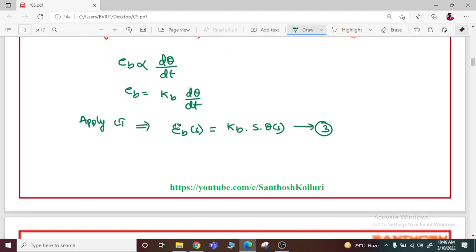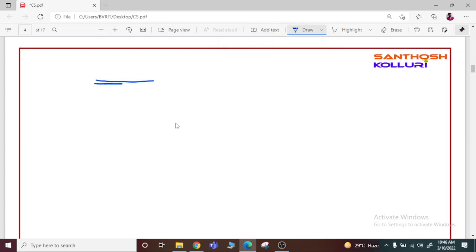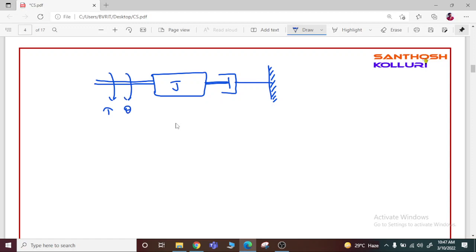From the mechanical model, we are having the dashpot and moment of inertia in the motor, having the torque T and angular displacement theta. Therefore torque T can be written as J into d square theta by dt square plus B into d theta by dt, where B is the dashpot.